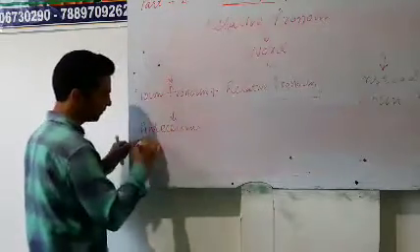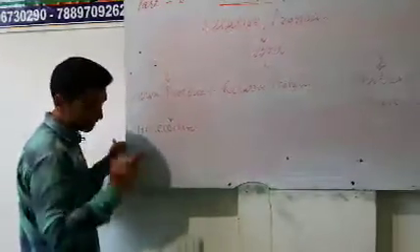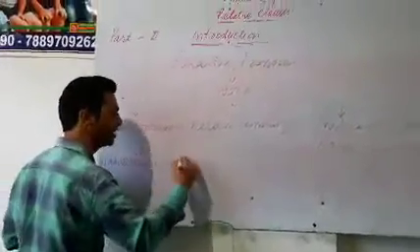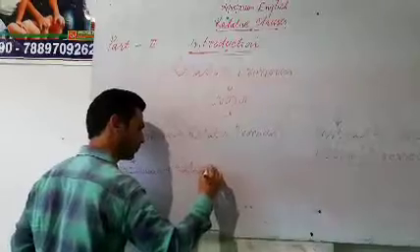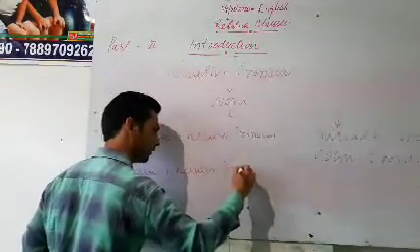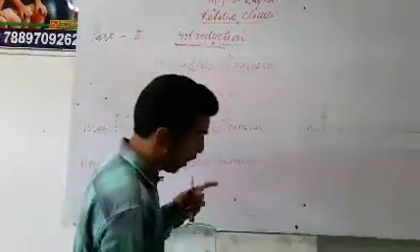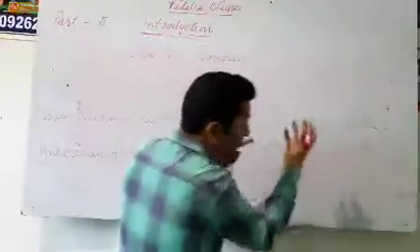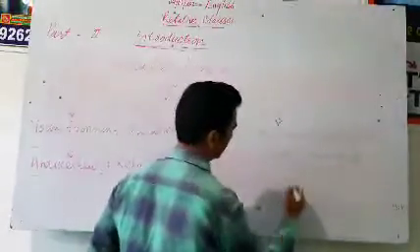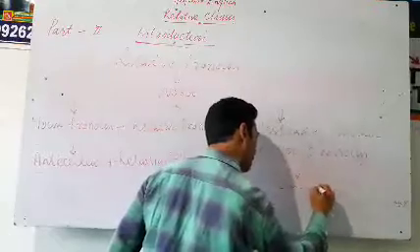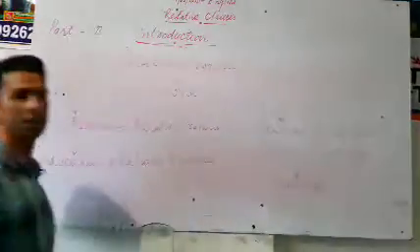A-N-T-E-C-E-D-E-N-T. It means that it is necessary for us to use an antecedent before using a relative pronoun. And there is one more noun or pronoun instead of which a relative pronoun is used. That is called the shifter.